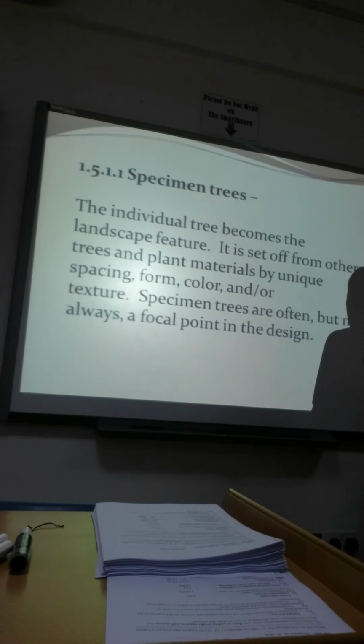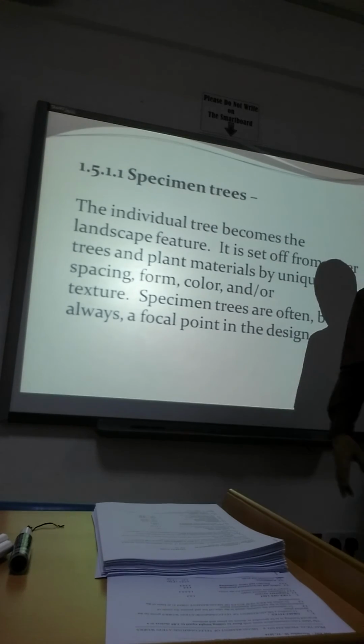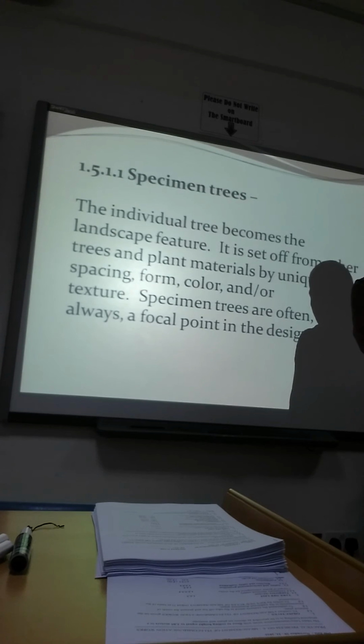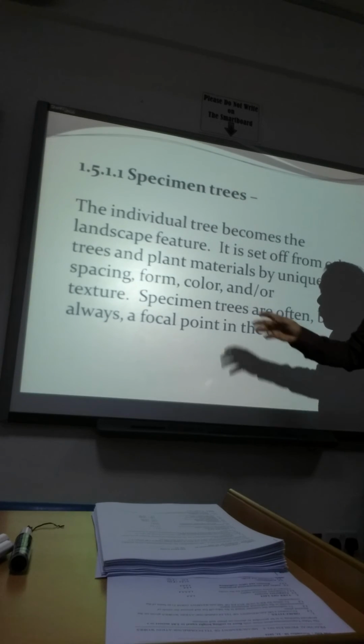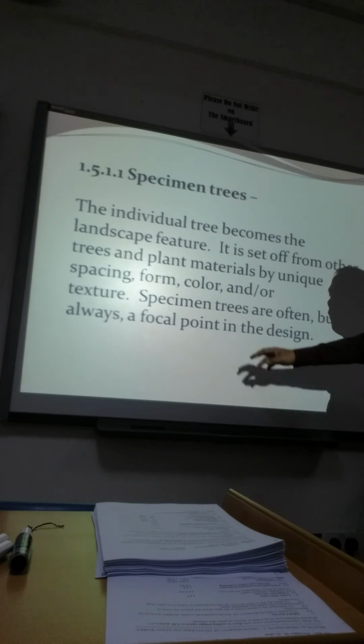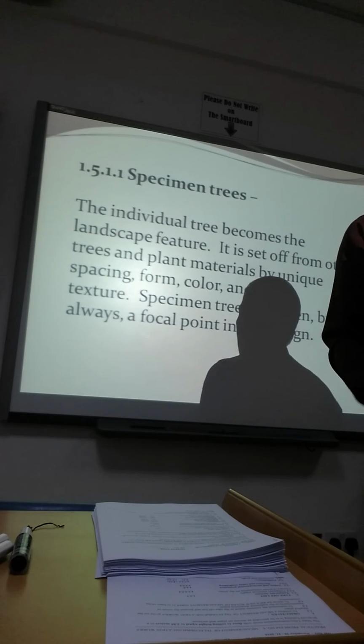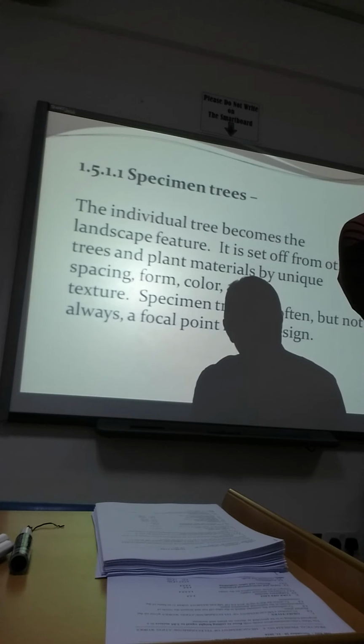Then color: maybe trees with green leaves will be placed in one section, and trees with red or yellow leaves will be spaced in others. Then space and form, and texture: maybe trees with large leaves, and trees with smaller leaves.